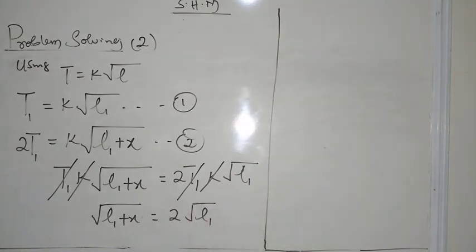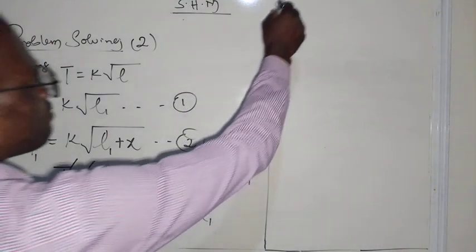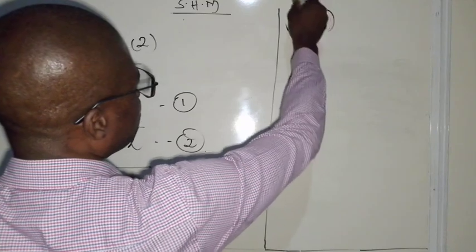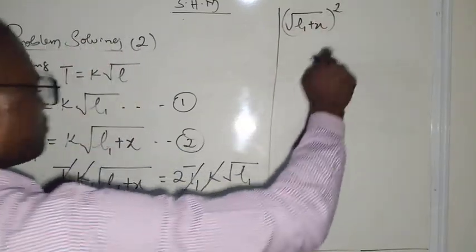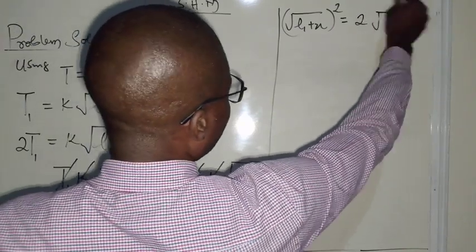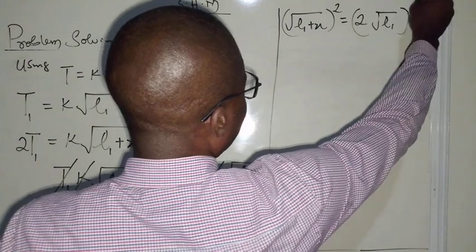If we square both sides there, we are going to have (root (L1 plus x)) squared is equal to (2 root L1) all squared.